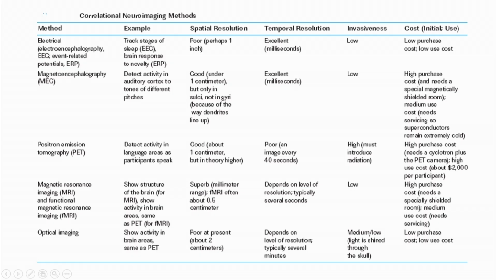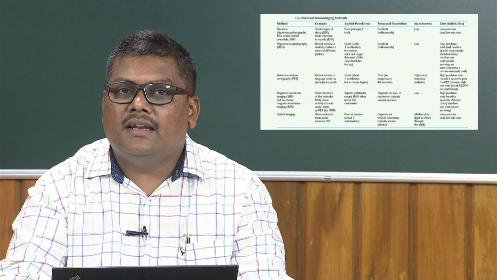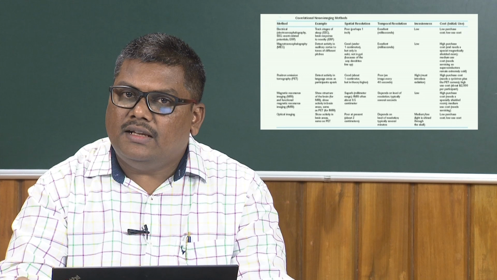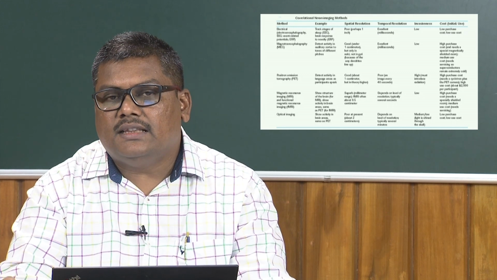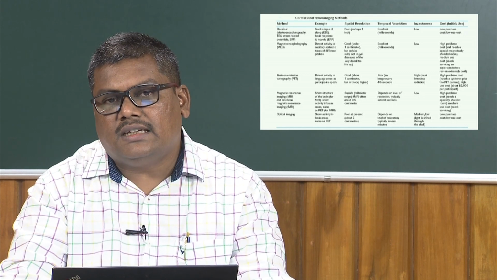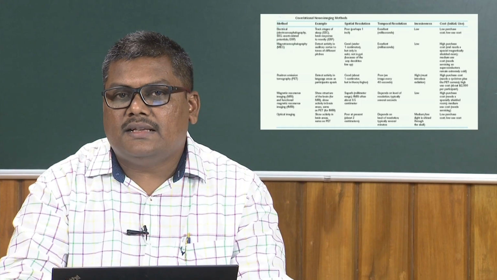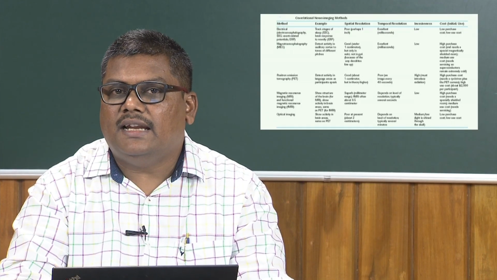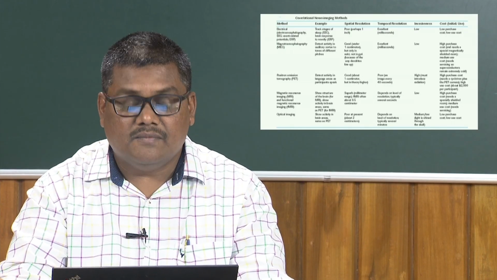A baseline activity is an activity when no mental processing is taking place, and whenever an activity change takes place, there will be a change, and so the changed activity subtracted from the baseline activity will give you the kind of mental activity which is taking place.